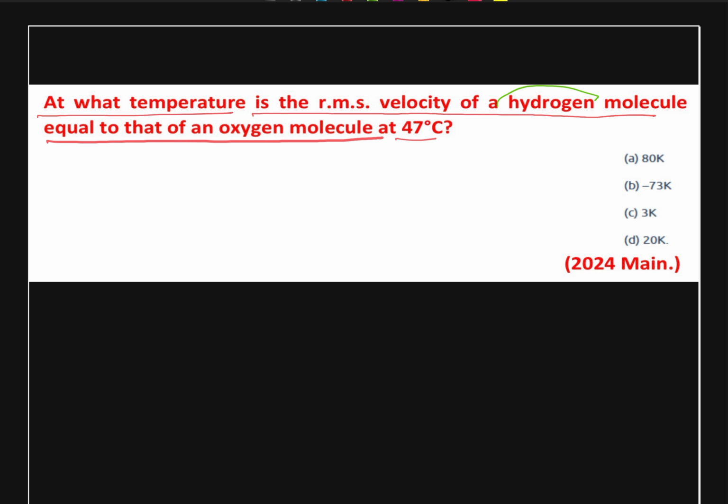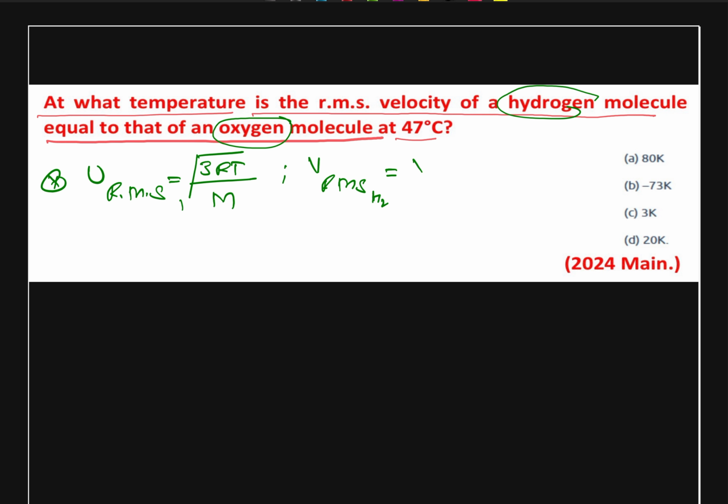We know the standard formula V RMS is the square root of 3RT upon M. And we are given that the RMS velocity of hydrogen is equal to the RMS velocity of oxygen.